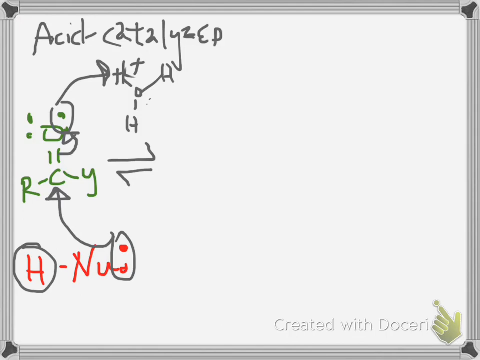You always feel free to show that because it's reversible, but I'm just showing you the phase 1 and the product of that phase 1, which is a tetrahedral intermediate. So we still have the R, the carbon of the carbonyl, but now we have an alcohol. We have the Y group, and we have the nucleophile.